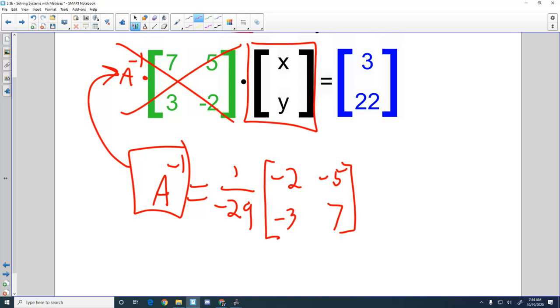But because it is an equation, we have to keep it balanced. So if I do some operation on one side, I've got to do that same operation on the other side. So I multiplied the left by A inverse. I've got to multiply the right side of the equation by A inverse. But here's the thing. I can multiply by A inverse on the right side of this constant matrix, or I could multiply A inverse on the left side of that matrix.